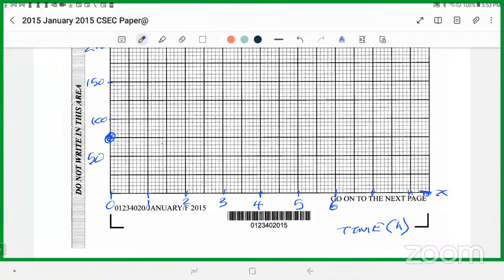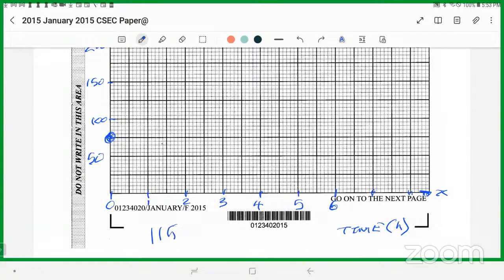The other point is going to be 1, 115. 115 was the second value. Okay, adding 40 to the 75. All right. So 115 we need now here.